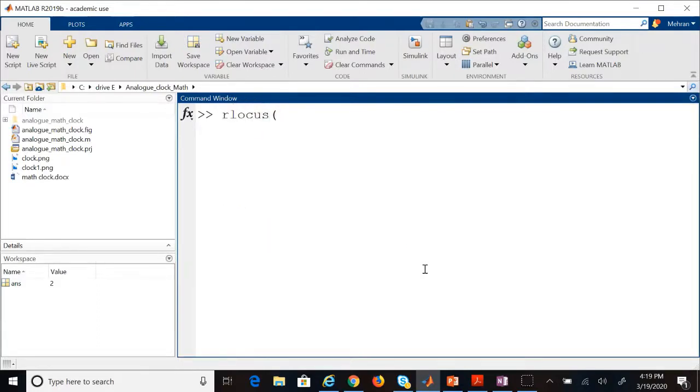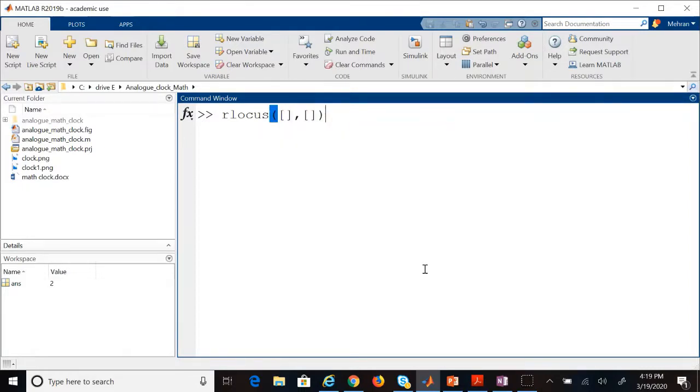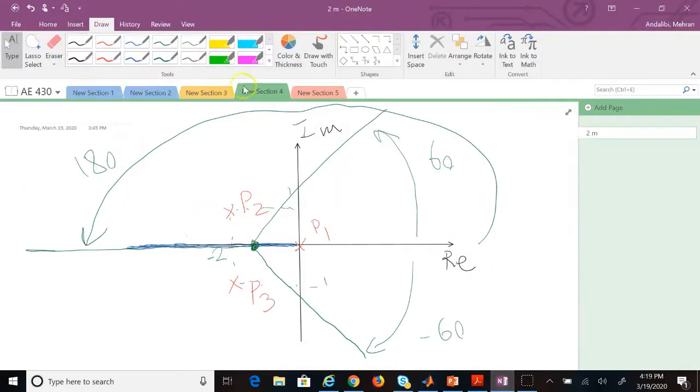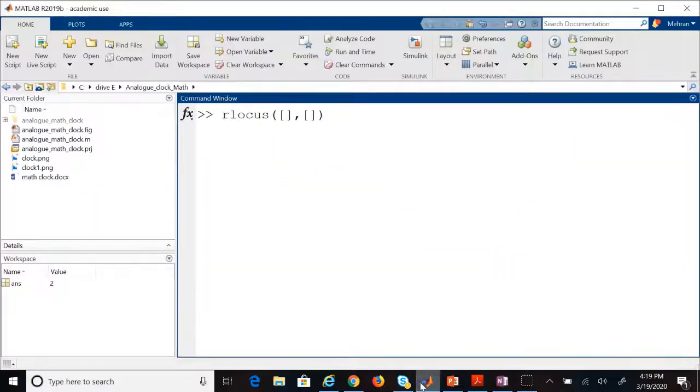By the way, the command rlocus is what you need to plot the root locus, and all you need to pass to it is the numerator and denominator, which in our case is, if you look here, the numerator is 1. Forget about K, it's 1. The denominator is this guy here with no negative sign, 1, 4, and 5. So it's 1, 4, 5, 0.